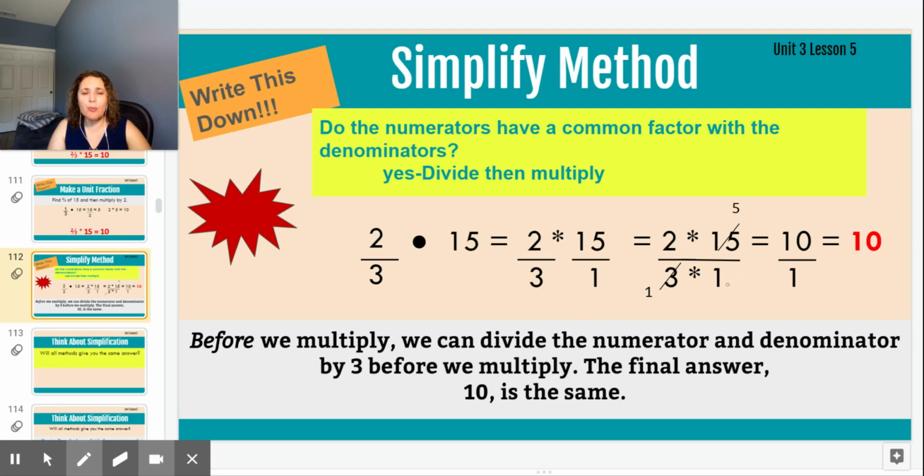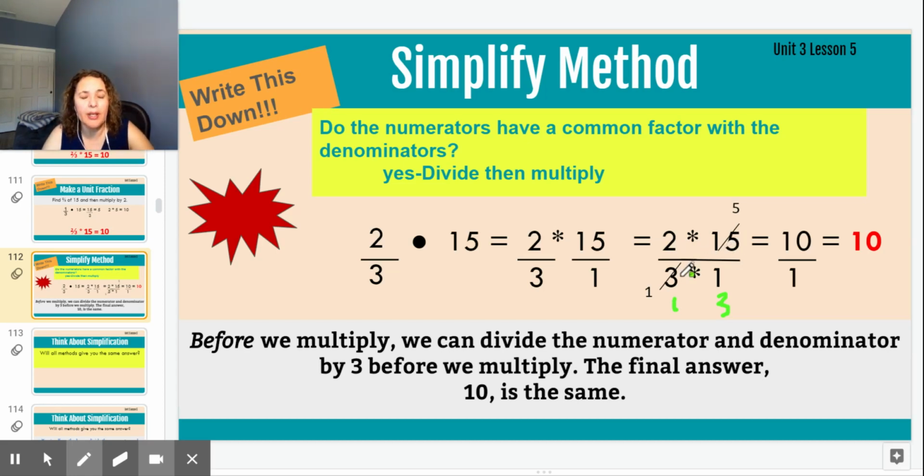And remember in multiplication, you can switch the factors and it doesn't matter. So in essence, what I'm doing here is I can switch the 3 and the 1 around. So I can put the 1 here and the 3 here, and it doesn't matter. Remember, because the commutative property of multiplication and addition tells me I can switch the addends or the factors and it doesn't make a difference.